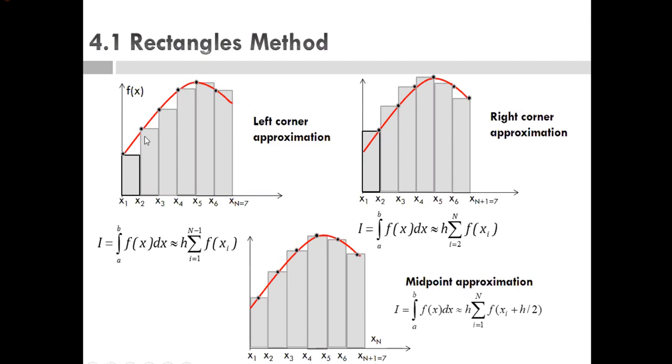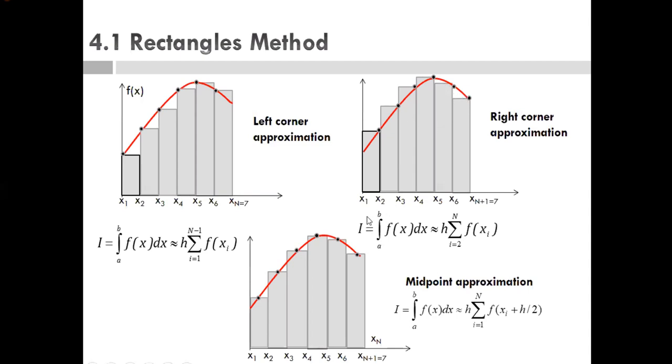So it will underestimate, because the function is increasing. When it's decreasing, it will overestimate. And here it is the same thing: the right corner will overestimate when it's increasing, and when it's decreasing, it will underestimate the integral.